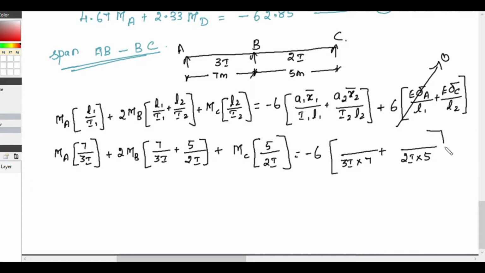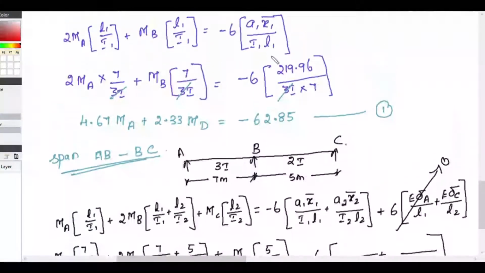Now here, A1 x1 bar is calculated from A for the span AB, because for this beam, A is the extreme support. So A2 x2 bar is for the span BC calculated from C. So we will see the values.